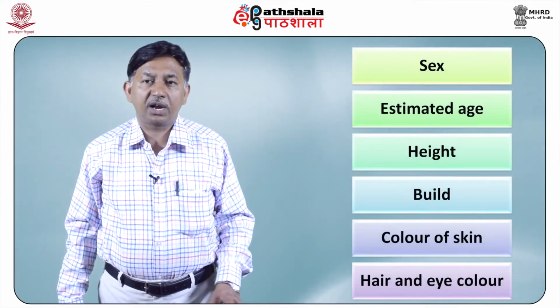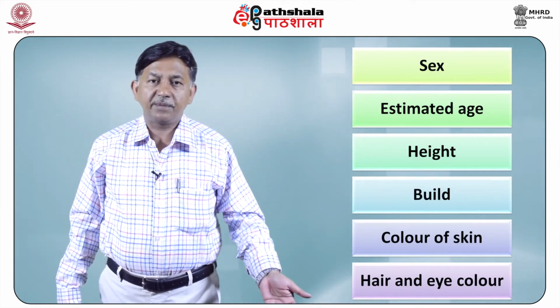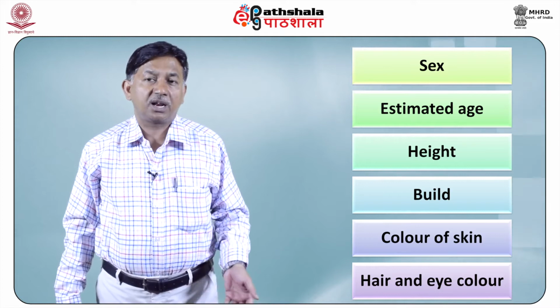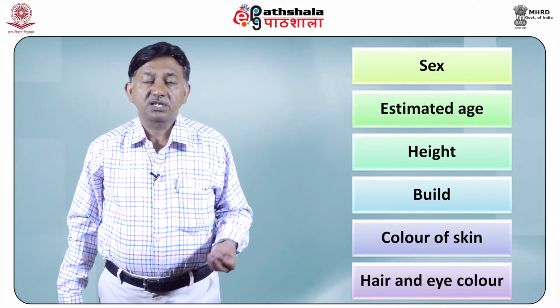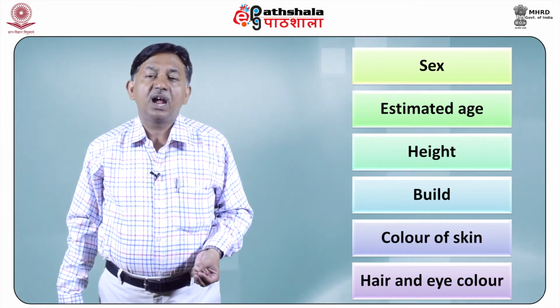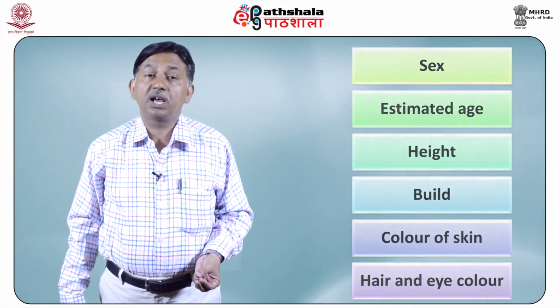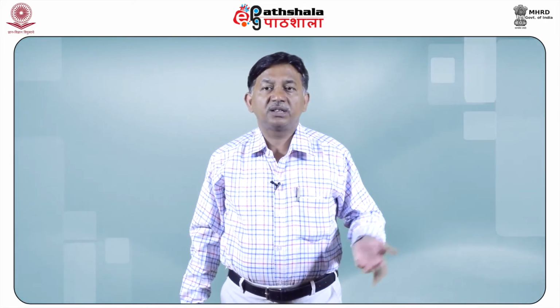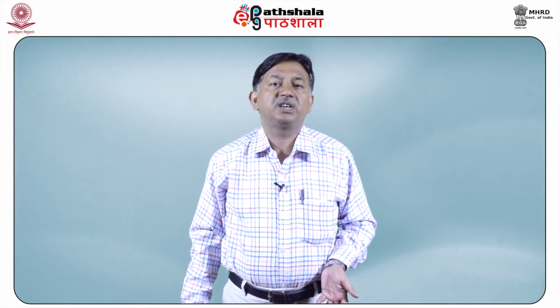General features of the naked body should then be described, including sex, estimated age, height, build and color of skin. Some features, for example hair and eye color, are a matter of judgment and may therefore be potentially inaccurate. Taken together with other details, however, they can lead to a positive identification.